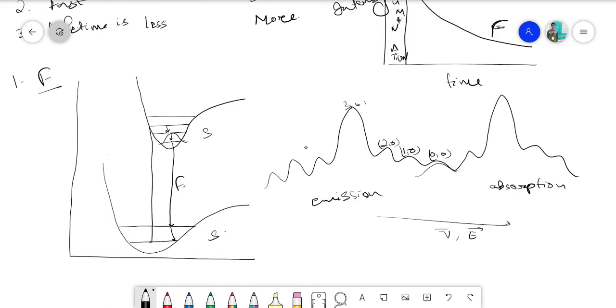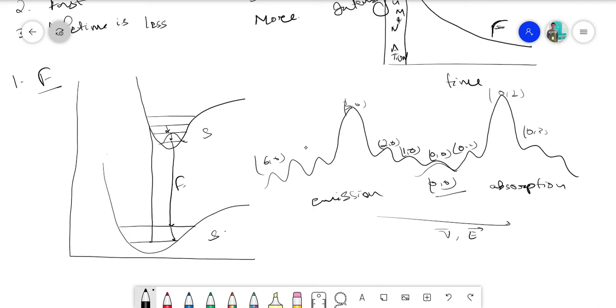Similarly, this is 0 to 1, 0 to 2, 0 to 3, and in this case, this is the absorption occurring from 0 to 1, 0 to 2, 0 to 3, etc. So if you see the zeros, the peaks of emission and absorption overlap, and this is something which happens most of the time in fluorescence.